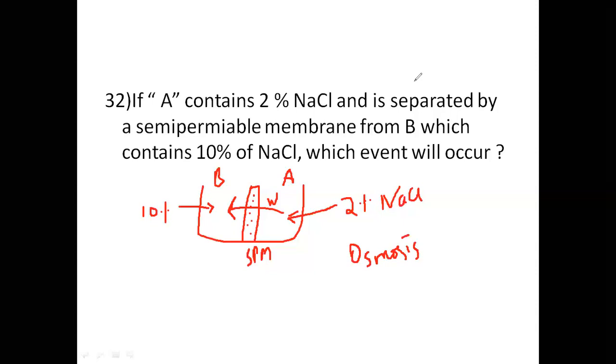Why? C is number of moles in a definite volume. Because I can write it as pi is equal to I into nRT by V. And n is m by M.